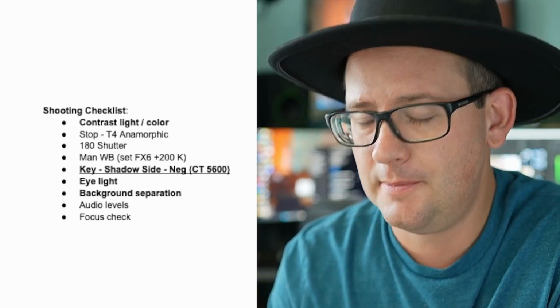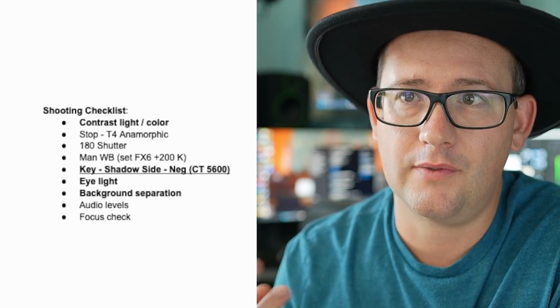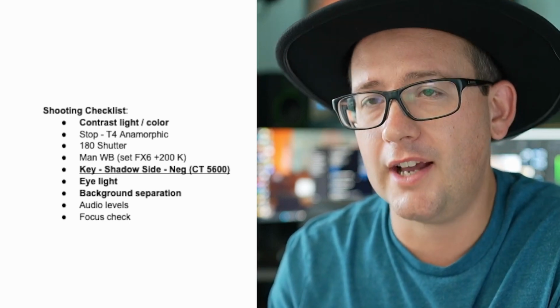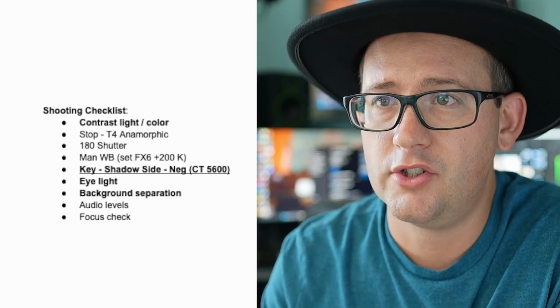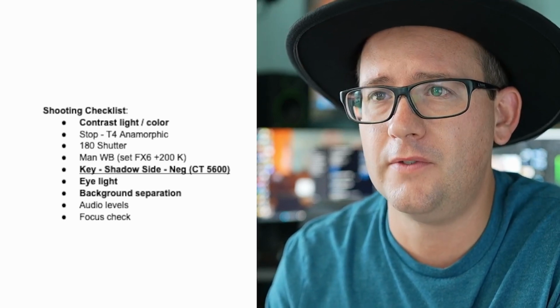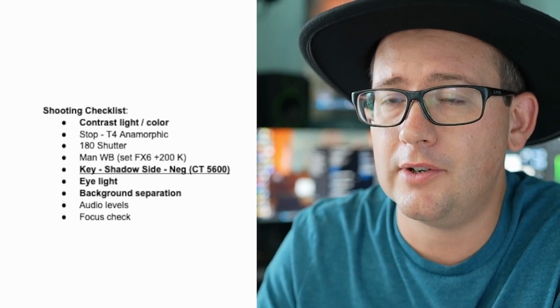So just keep in mind there's a 200 Kelvin difference between the FX6, FX3, FX30. I've not compared with the FX9, so I'm not sure about that, but I know the FX6 runs 200 Kelvin colder. We struggled with that for a long time. We're like, why is this camera always so different? And I finally stopped and did the test and realized it's 200 Kelvin different.